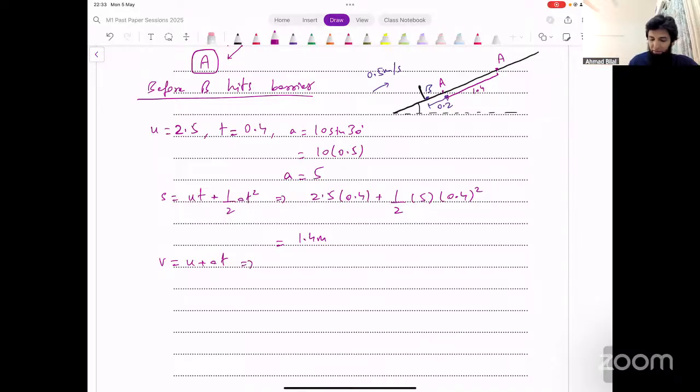What would that give us? U is 2.5 plus A, that is 5, into time taken, it took 0.4 seconds. And that gives us 4.5. That's the speed of A. 4.5 or 4.7? Is it 4.7?